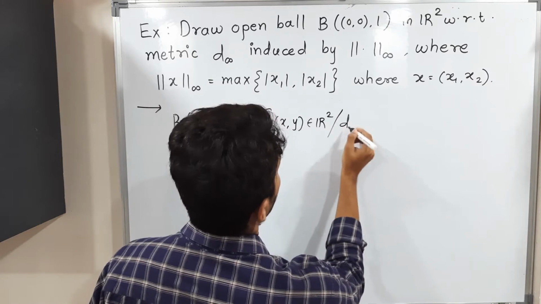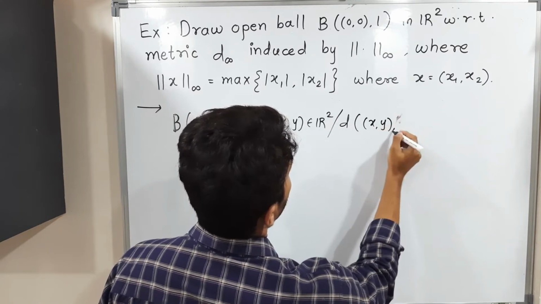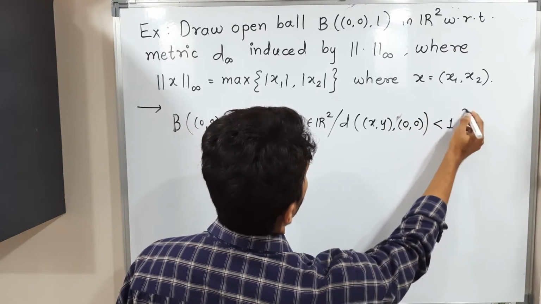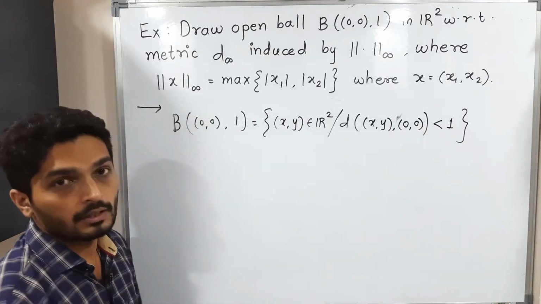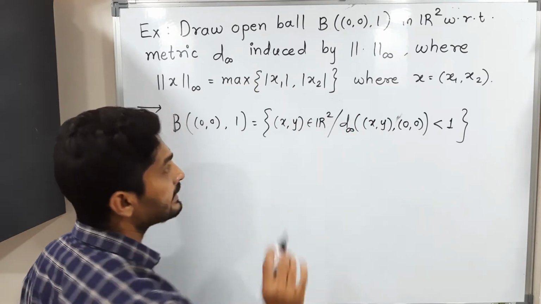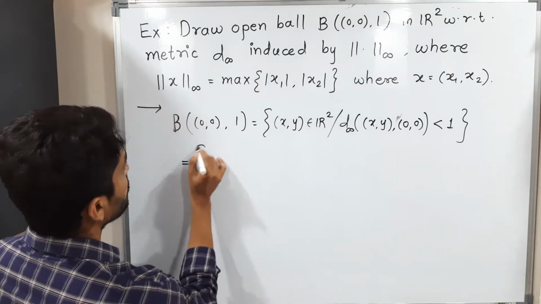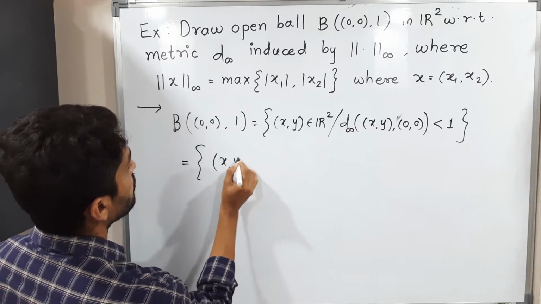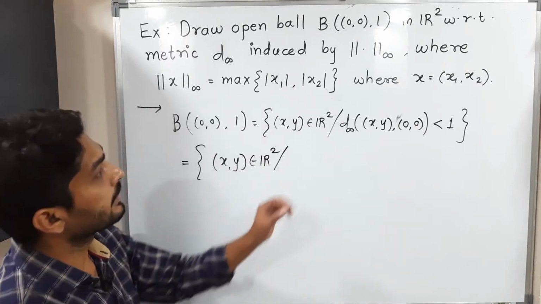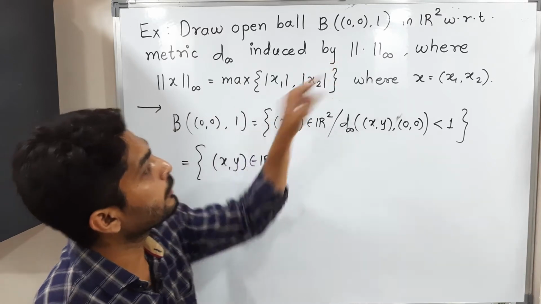Such that d((x,y),(0,0)) is less than r, but r is 1 here. And since they have precisely mentioned that we have to use d infinity, this is equal to the set of (x,y) belonging to R2 such that d infinity, what is the definition of d infinity? d infinity is induced by norm infinity.